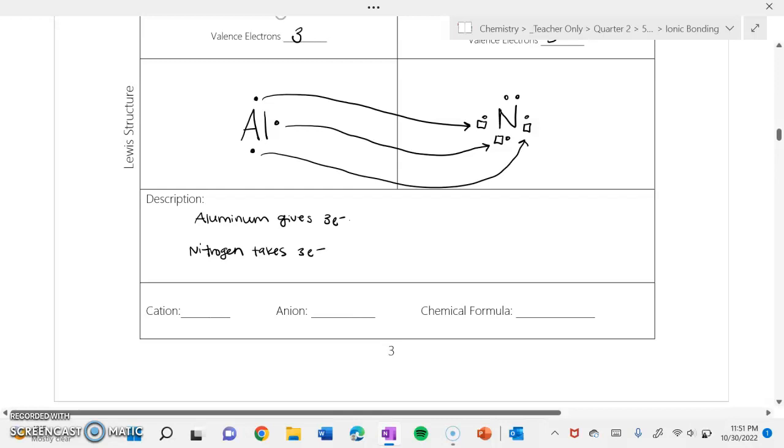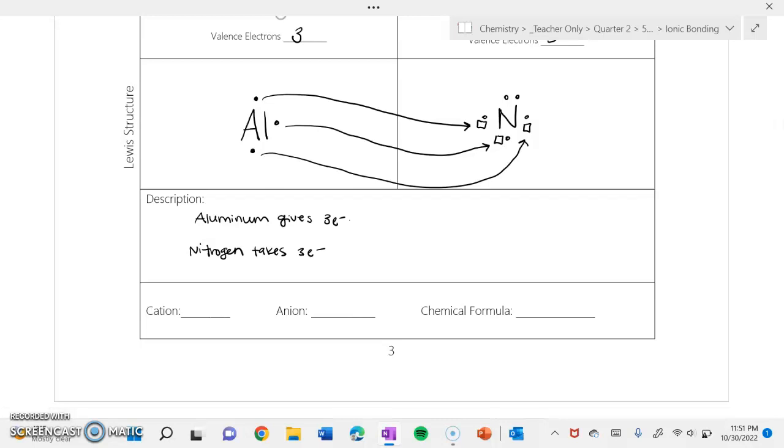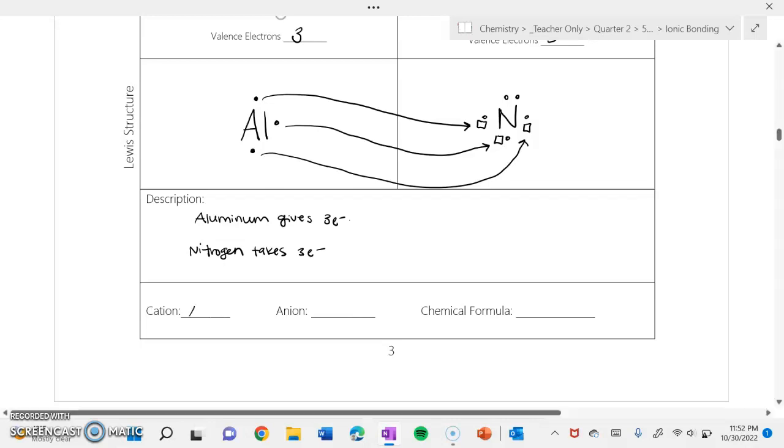And as a result, aluminum giving 3 electrons away is going to make it have a positive 3 charge. Remember, a neutral atom has equal protons and electrons. If I give away or lose 3, now I have more protons in my ratios, 3 more protons, making it a positive 3. So my cation is going to be aluminum with a positive 3 charge.